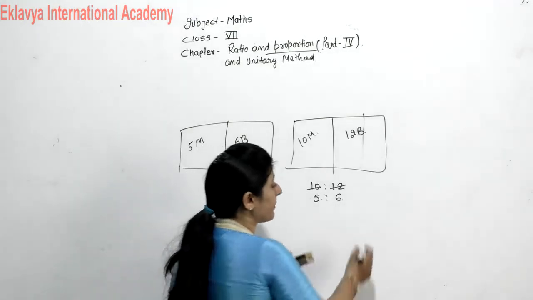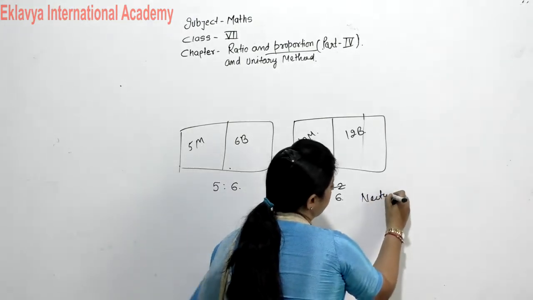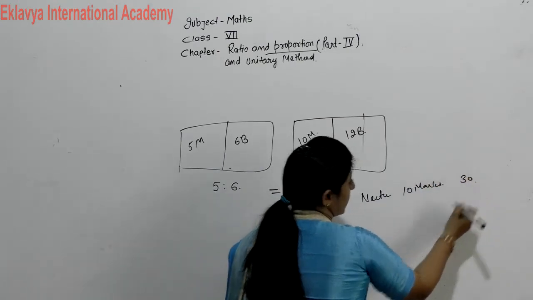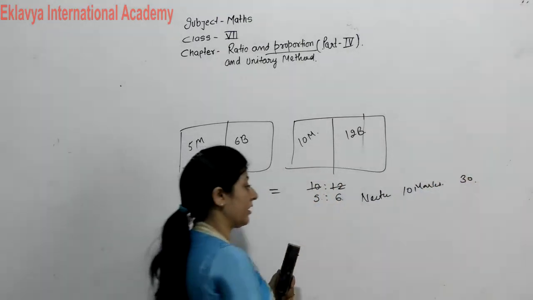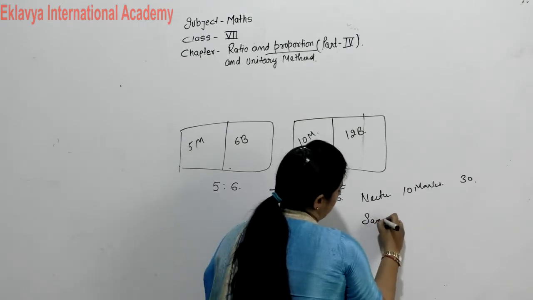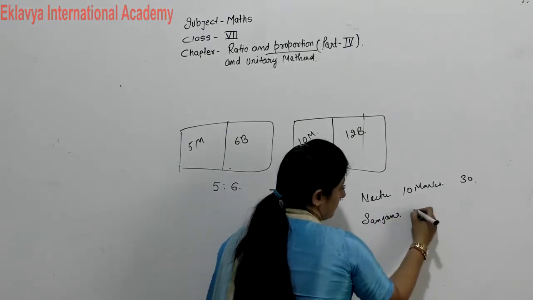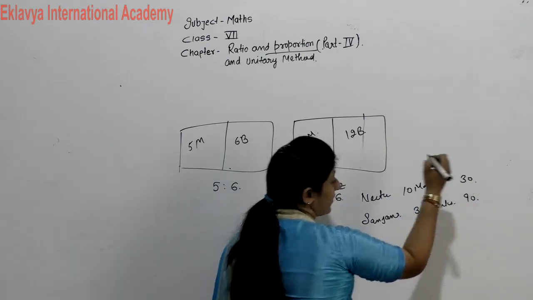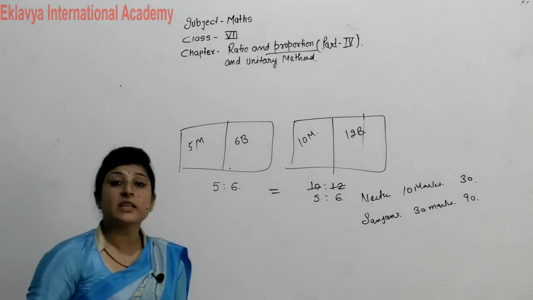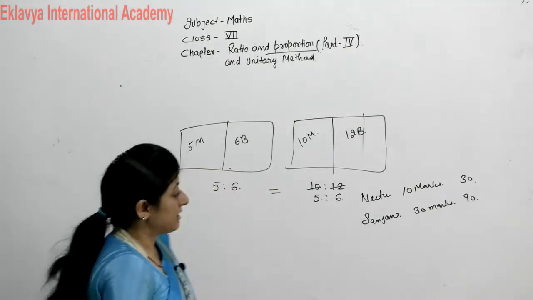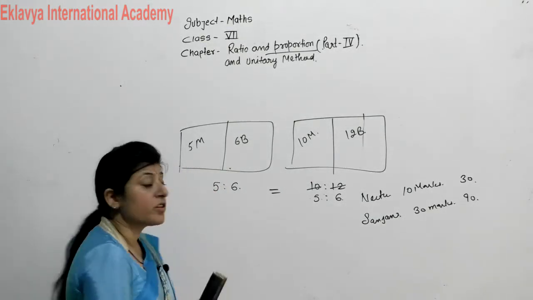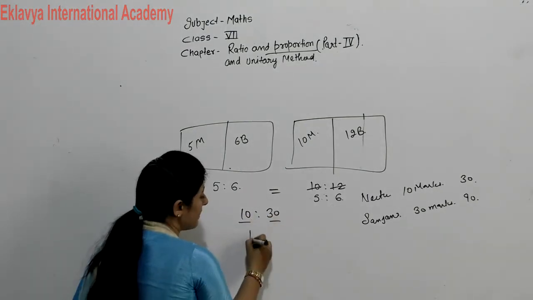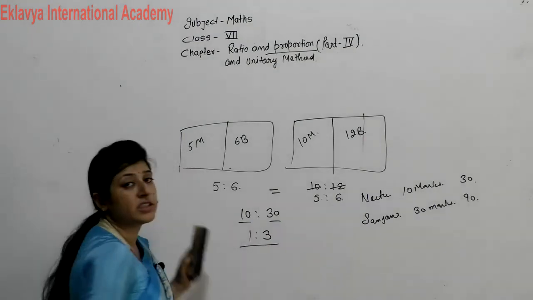Suppose one more example. Neetu scored 10 marks out of 30. Sanjana scored 30 marks out of 90. Who got the more score? See, Neetu scored 10 marks out of 30, so the ratio of scoring marks is 1:3.